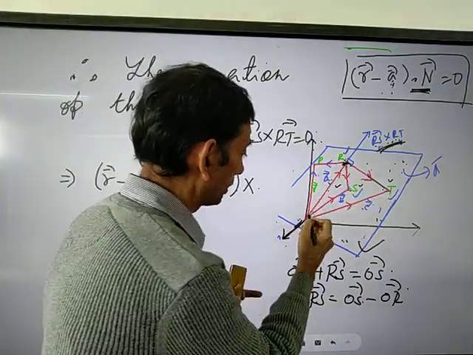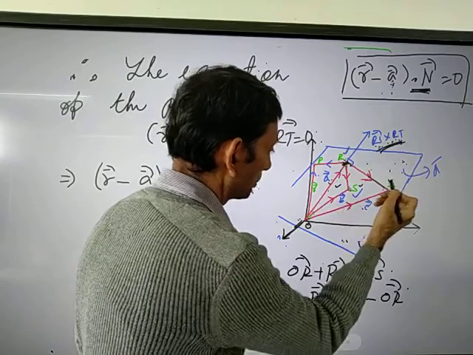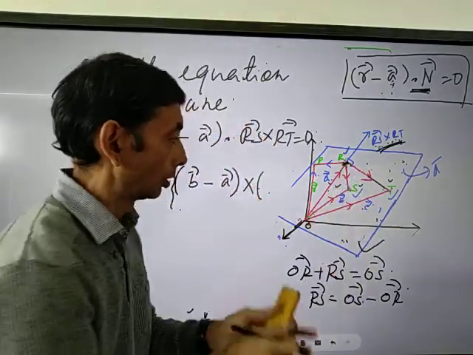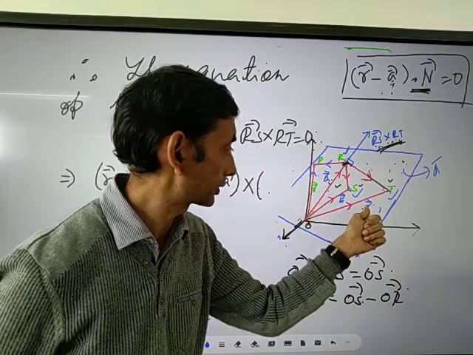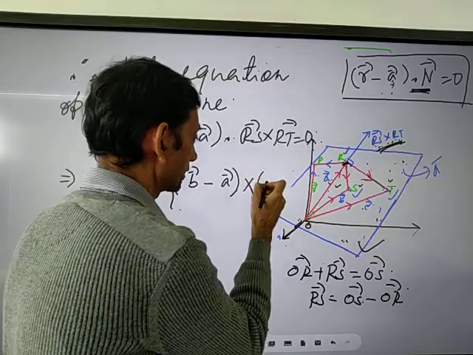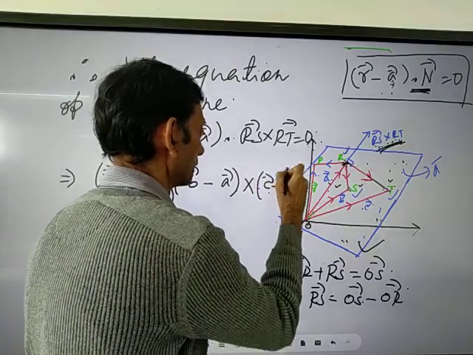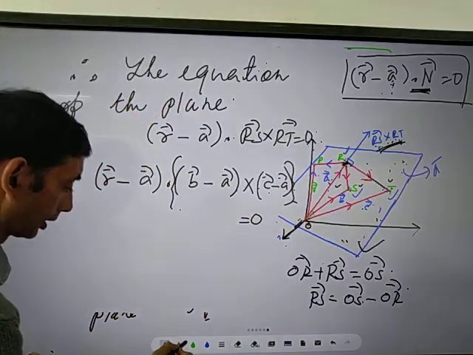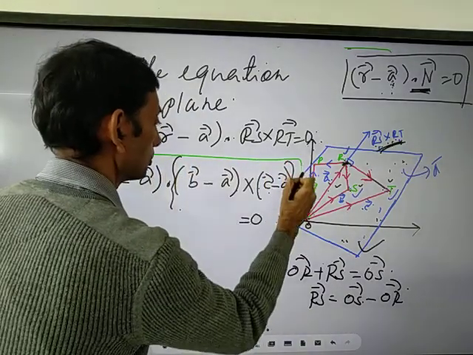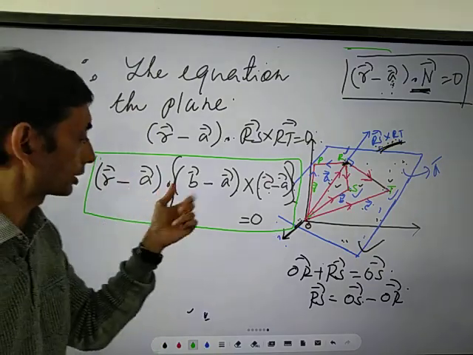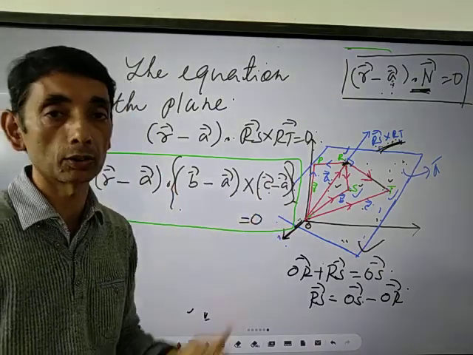From this triangle ORT, RT can be written as OT minus OR. What is OT? OT is vector C, minus the initial vector, that is vector A. So you can write C minus A, equal to 0. Yes, this is a very important equation: R minus A dot B minus A cross C minus A equal to 0.